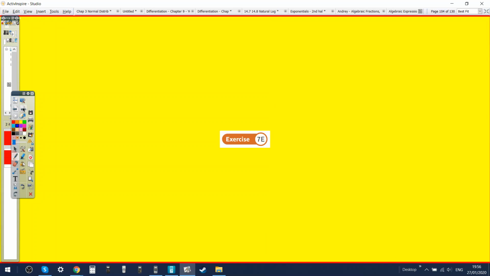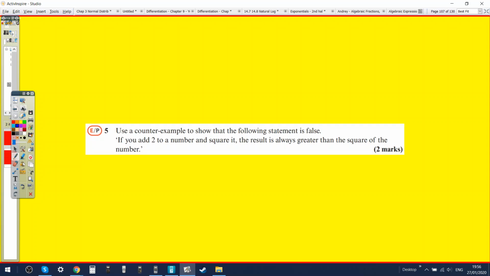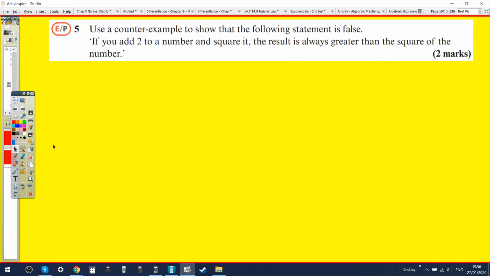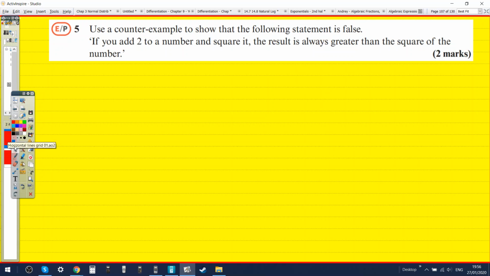So it's just any counterexample that violates it. That gave me some negative number. So would you have to first of all write out the equation and do like x plus 2 squared?